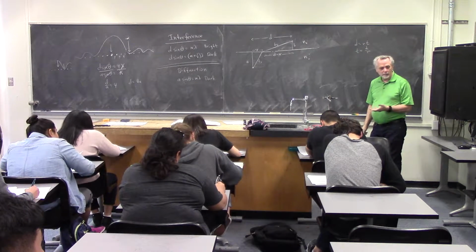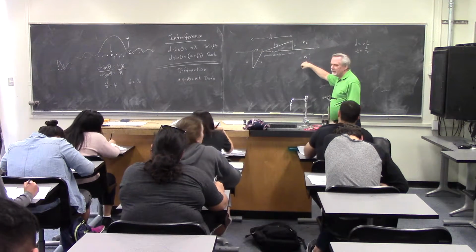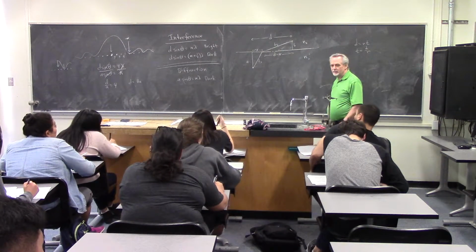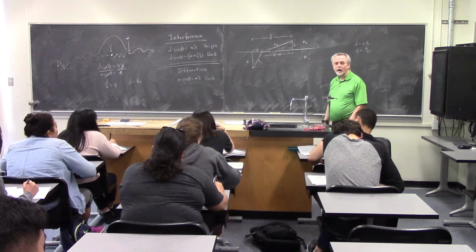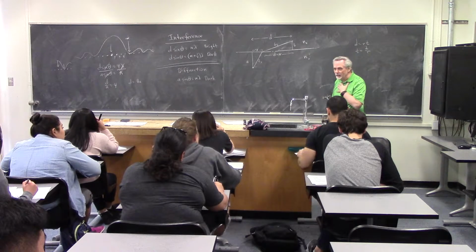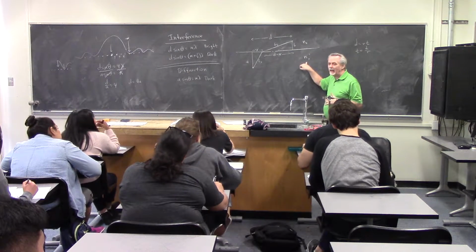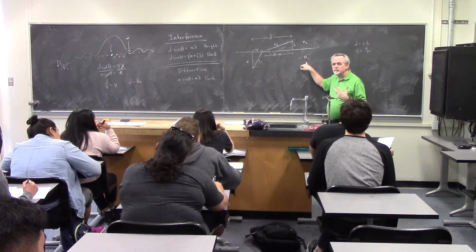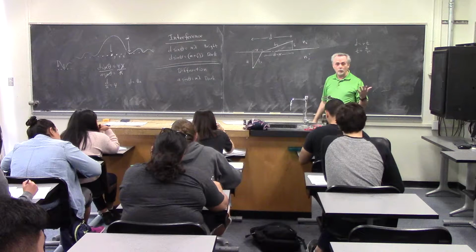Does that ring bells? If I'm light and I'm in something with an index of refraction n1, how fast am I going? I can repeat that question. If I'm a beam of light and I normally go c in a vacuum, but I'm in something with an index of refraction of n1, what speed am I going? C divided by n sub 1.